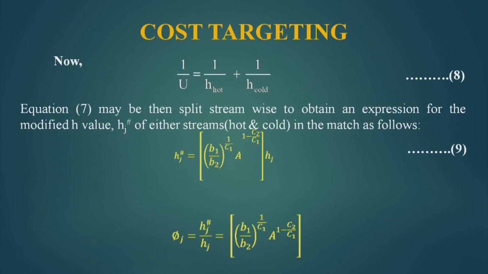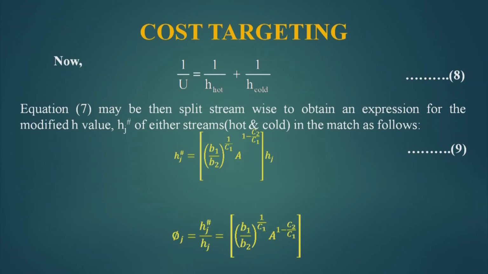Then equation 7 may be split stream-wise to obtain an expression for the modified h j hash. h j means the stream which is available in the ith enthalpy interval. So, h j of either stream, hot and cold, in the match is as follows.